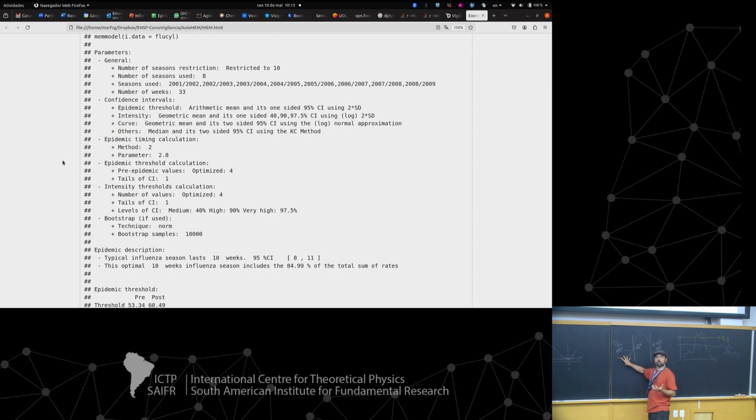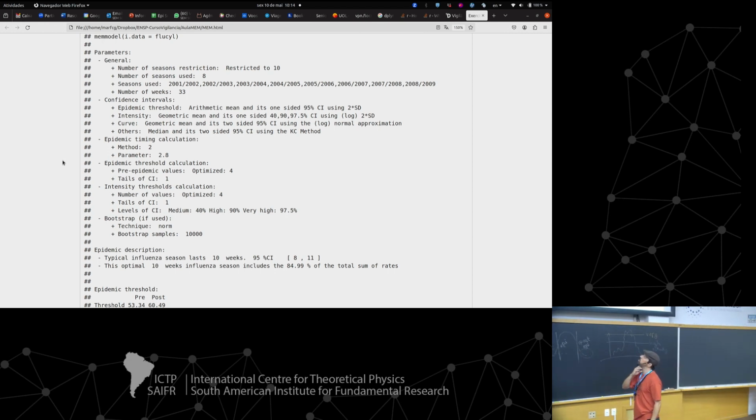So we must also define, well, what is the statistical method that I want to use to estimate quantiles on a distribution that I don't know what it is. I have observations of that, right?